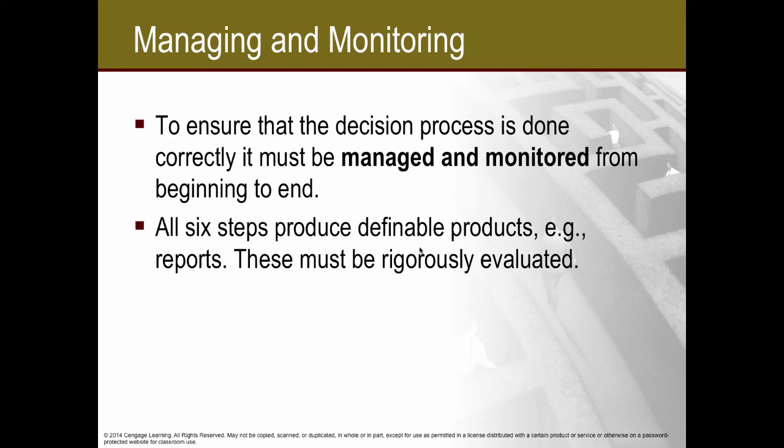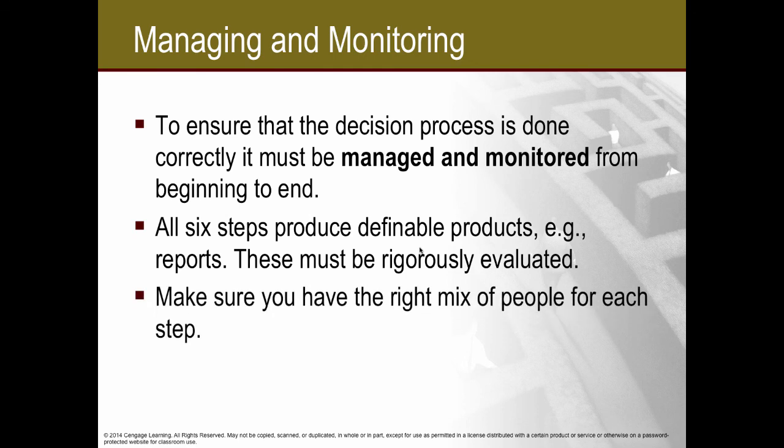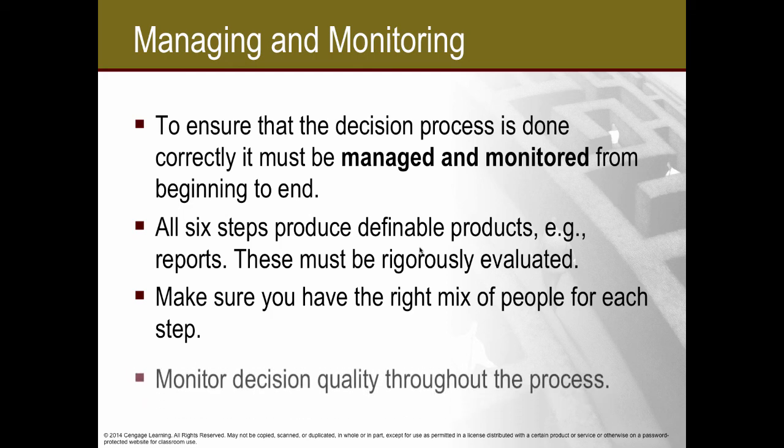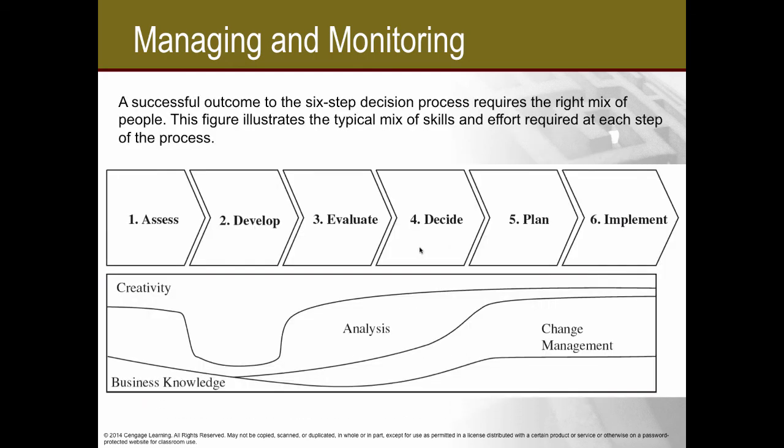You have the reports, and these must be rigorously evaluated. Make sure that you have the right mix of people for each step, and monitor decision quality throughout. So basically, the successful outcome of the 6 steps requires the right mix of people.